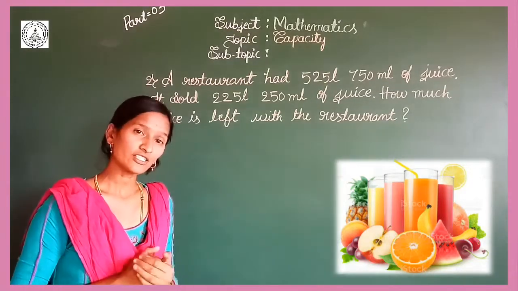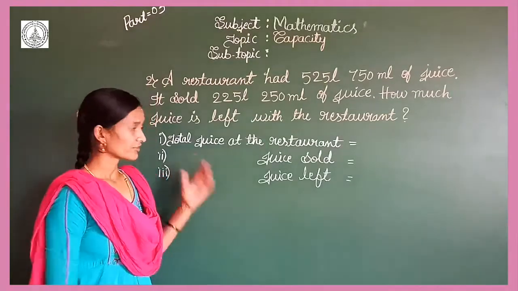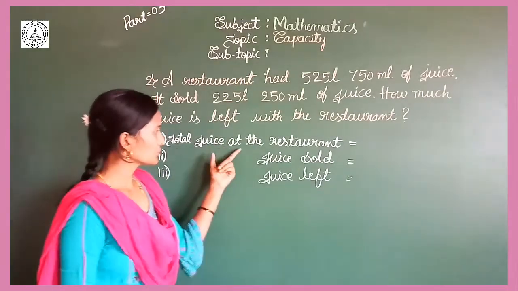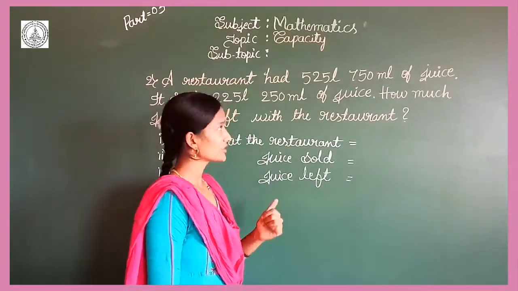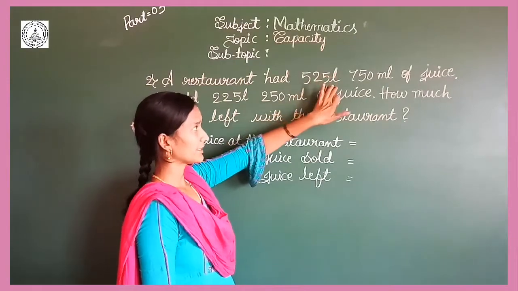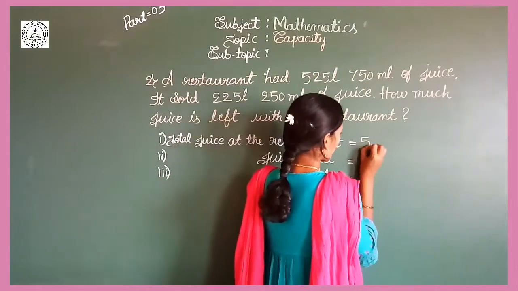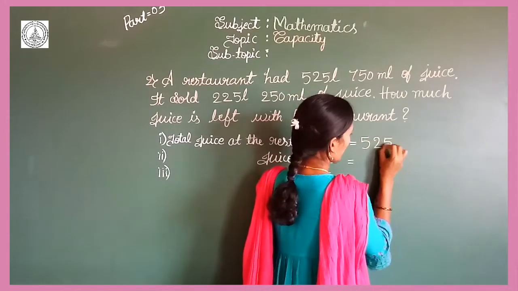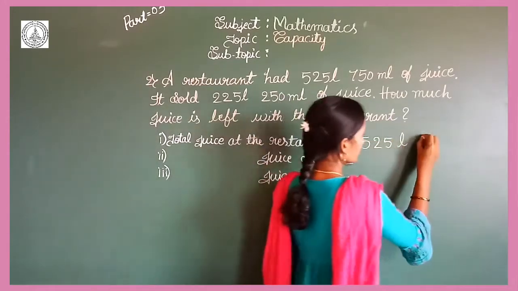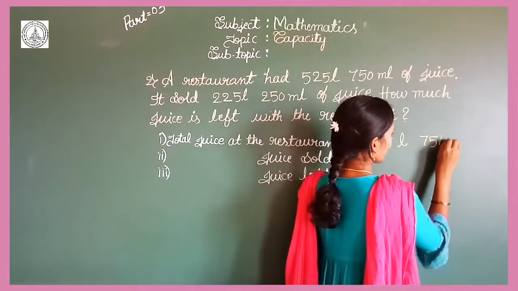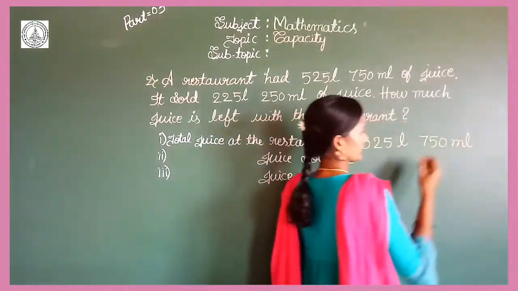Okay. So what is our first step, students? So the first statement is total juice at the restaurant. How much? It is 525 liter 750 milliliter. So write here 525 liter and 750 milliliter.